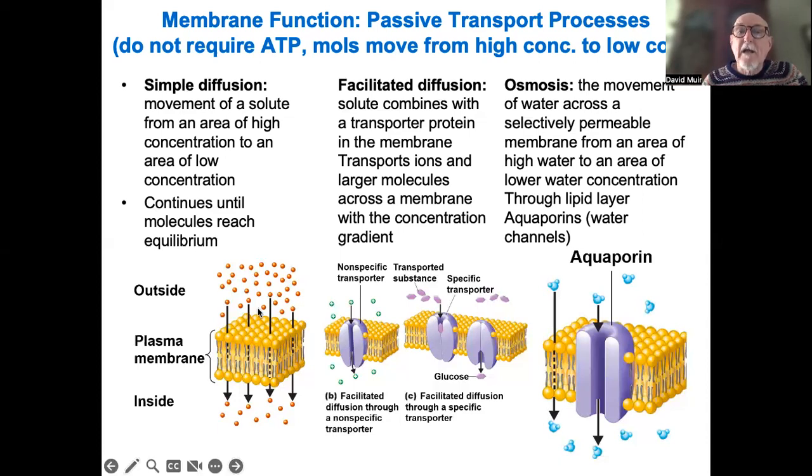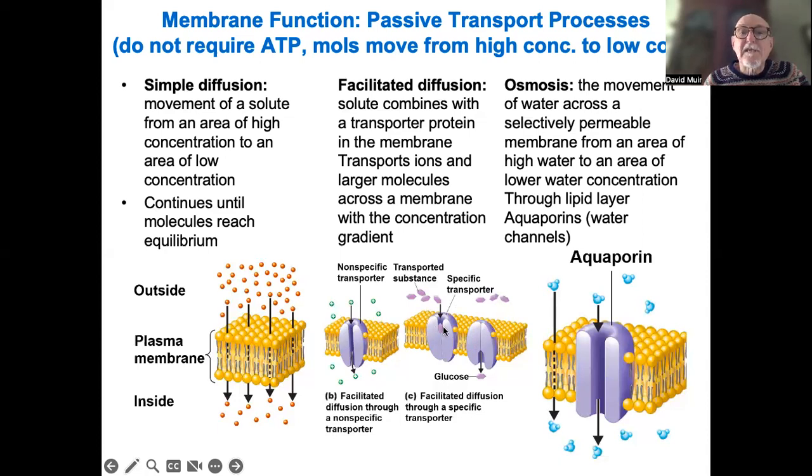It still has to move glucose from an area of high concentration through to an area of low concentration. But what happens is the protein has an area here, which is an active site, which binds only that particular molecule. And when it binds it, the whole protein changes shape.